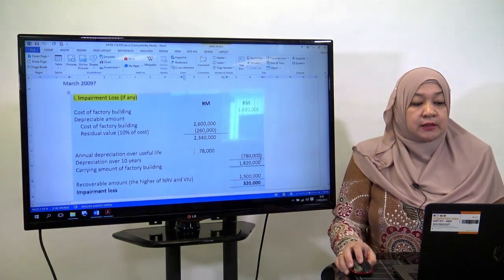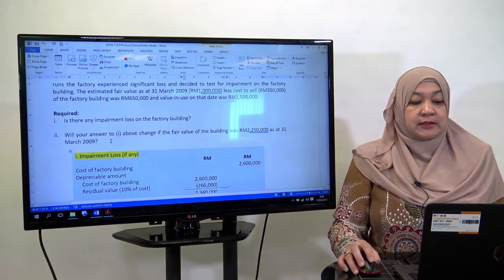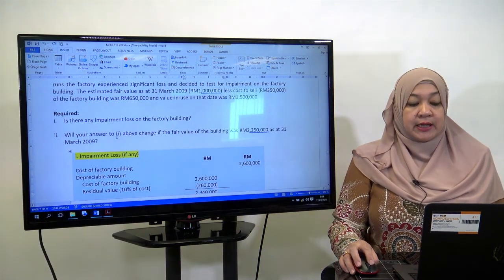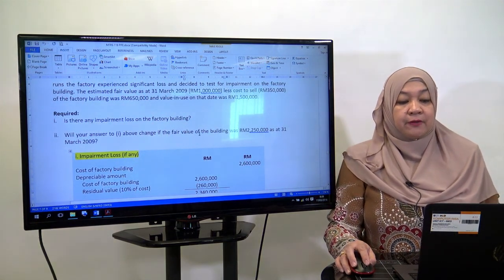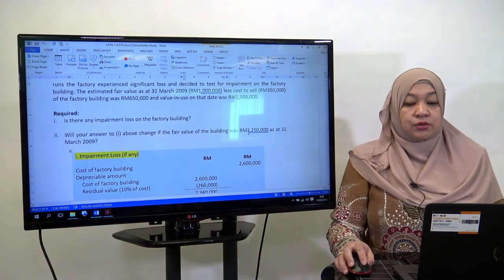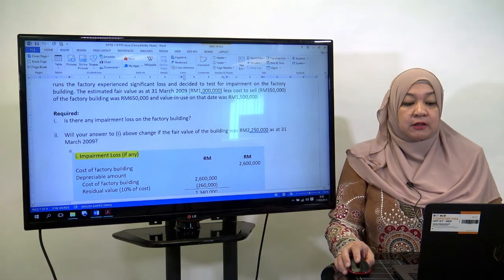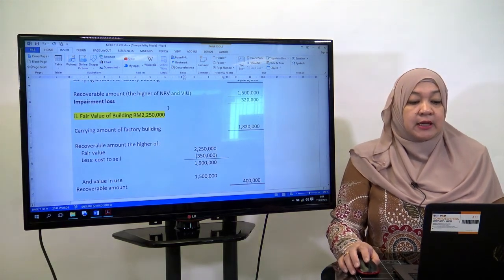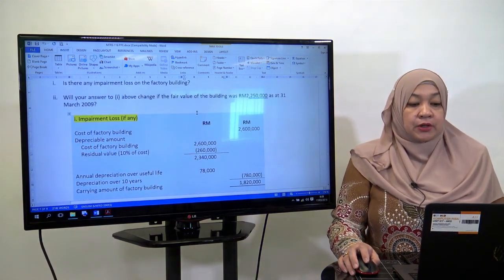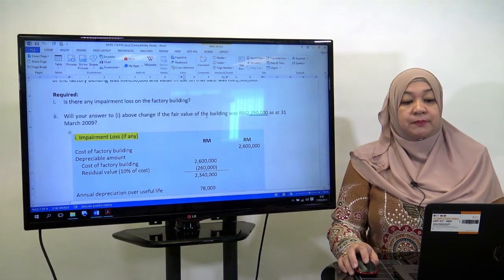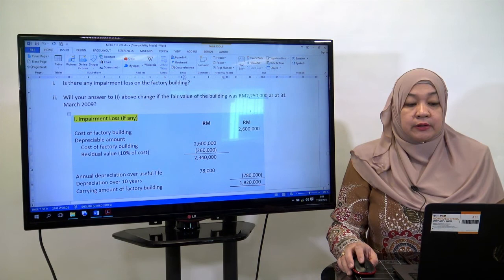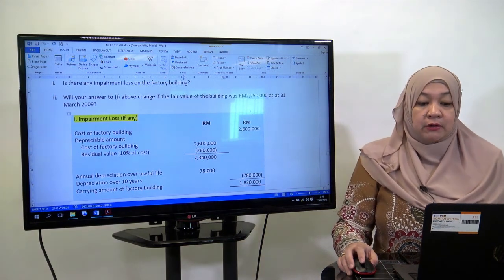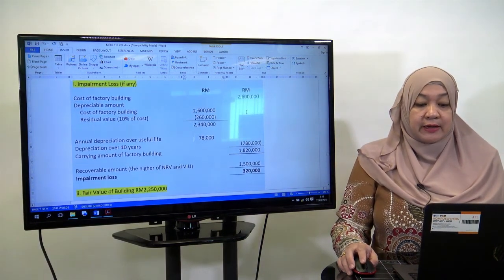Now they also ask whether our answer to A will change if the fair value of the building was 2.25 million. If the fair value of the building is 2.25 million, your recoverable amount would be higher than your carrying amount.